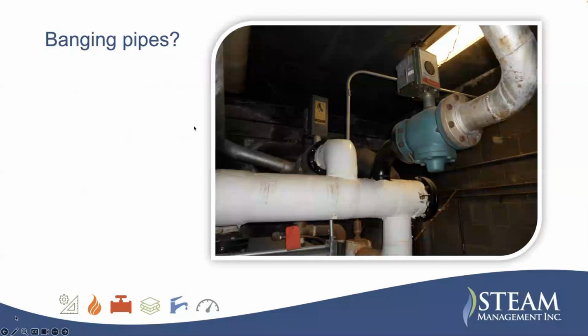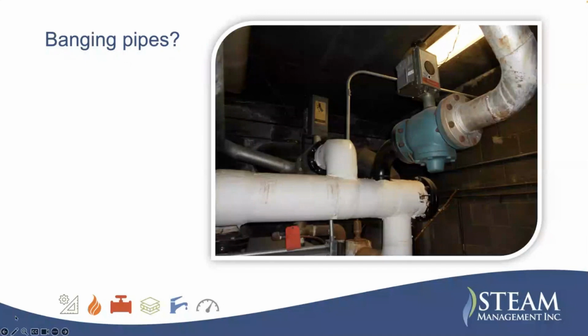If you're banging pipes, we see this a lot where they'll put in zone valves. We kind of got rid of it as a lot of steam systems went away, but we still see this on breweries and other items. If you look at this system, they were having all kinds of banging, and like I said, you already know the problem, you just didn't know you knew it.